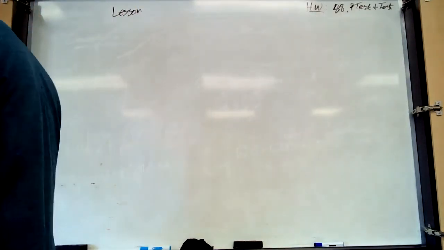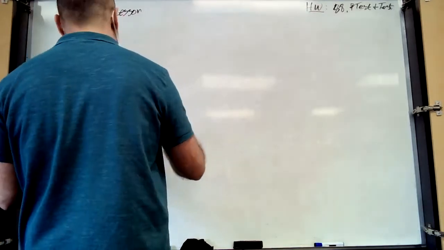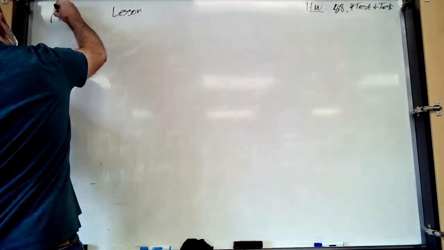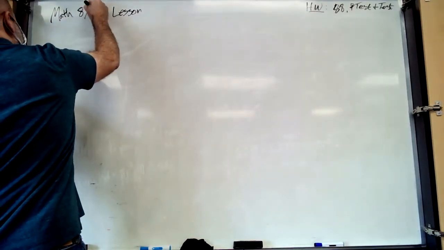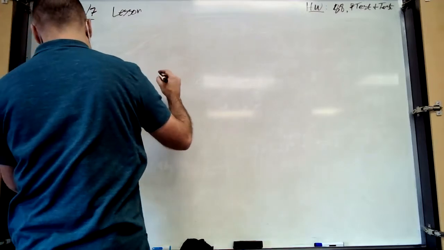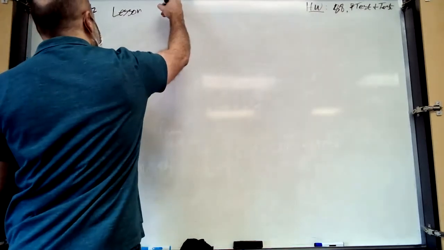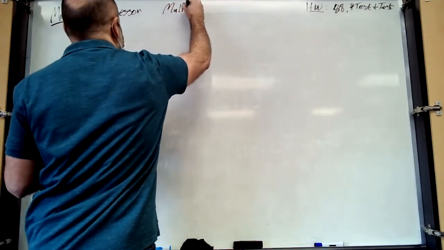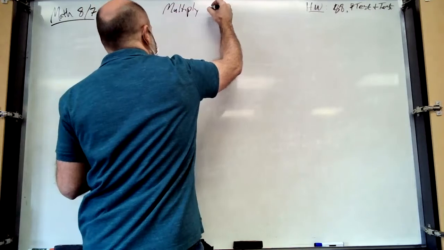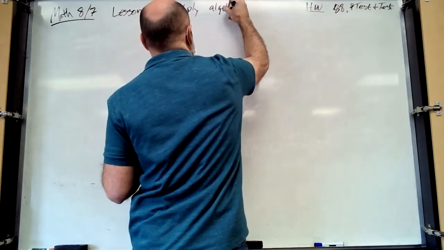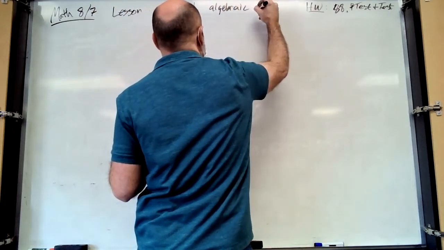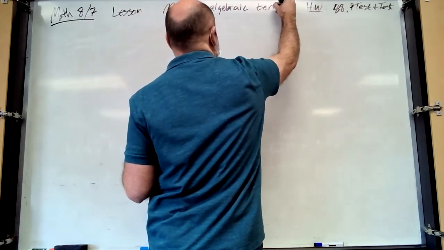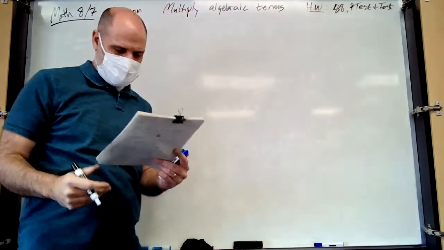We're going to multiply algebraic terms. So this is where algebra gets kind of interesting. Boring? No, never boring. Remember, a term in algebra is something that is added or subtracted, right?